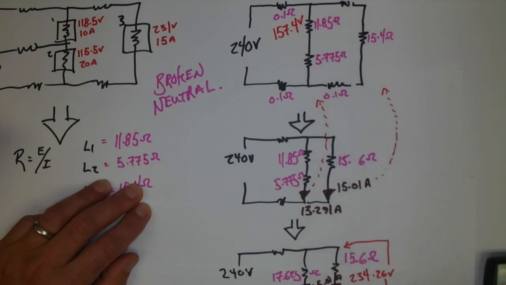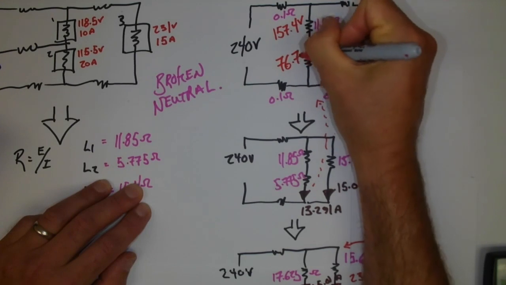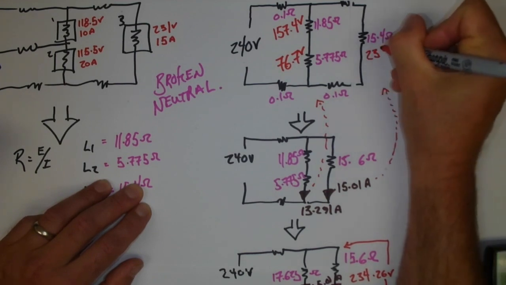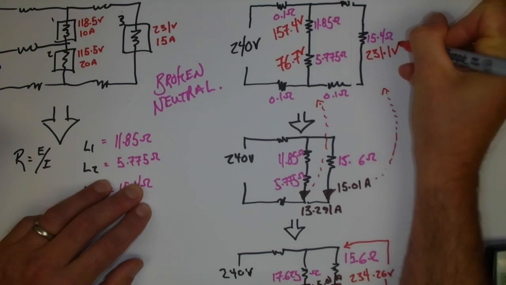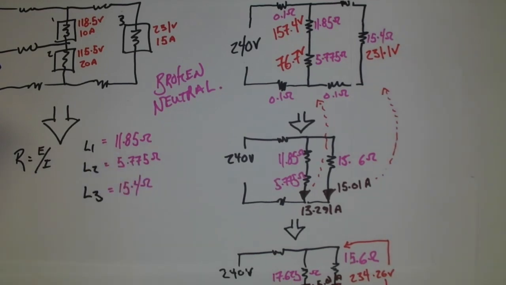Take the current, multiply it out. 13.291 times 5.775 gives me 76.7 volts. And then finally, the current multiplied by the resistance. 15.01 times 15.4 equals 231.1 volts.